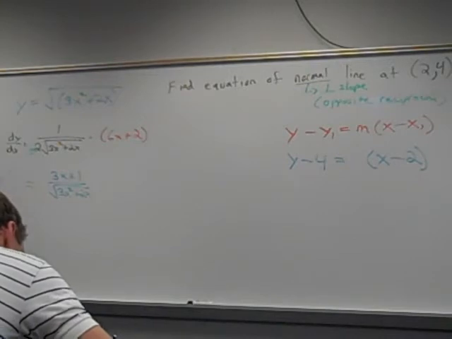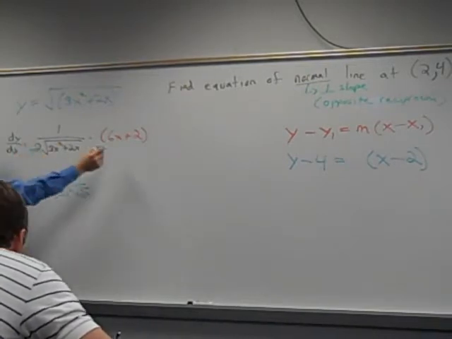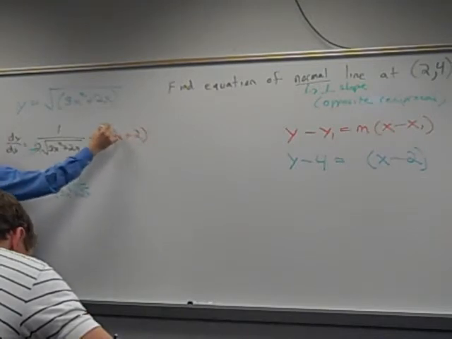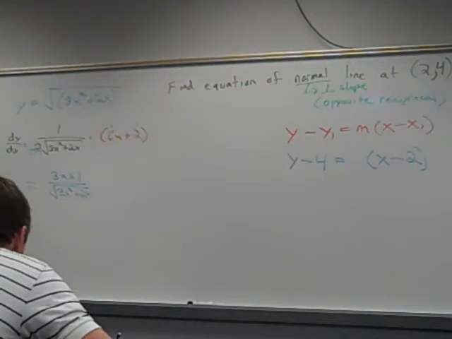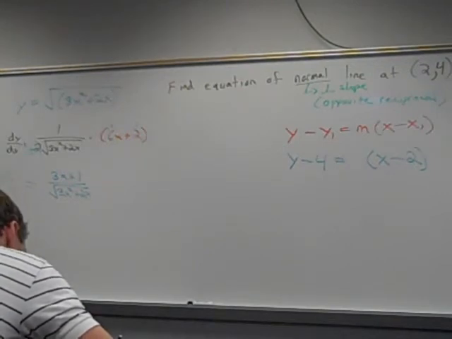What happened to my 2? Right, the 2 canceled with this 2, and that's 6. Gives me 3 and 1. And we only care about this derivative at what point? 2. Yeah.